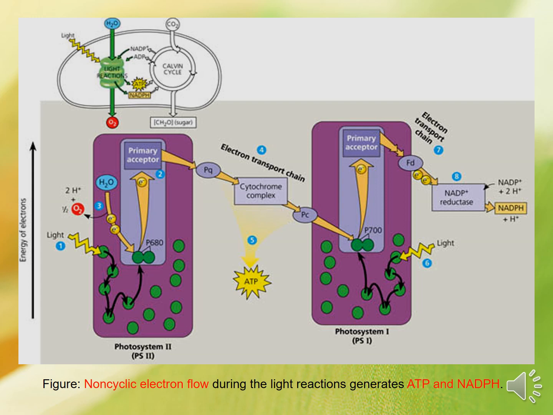But this chain does not use the same proteins, PQ, cytochrome complex, and PC. Instead the electron is passed through the protein we call ferredoxin, FD. Ferredoxin is oxidized and passes the electron to NADP plus, by the enzyme NADP plus reductase, and NADP plus is reduced to NADPH.